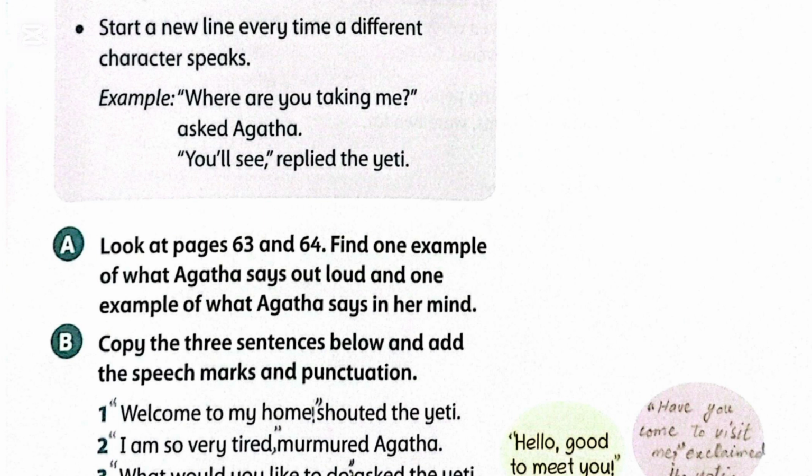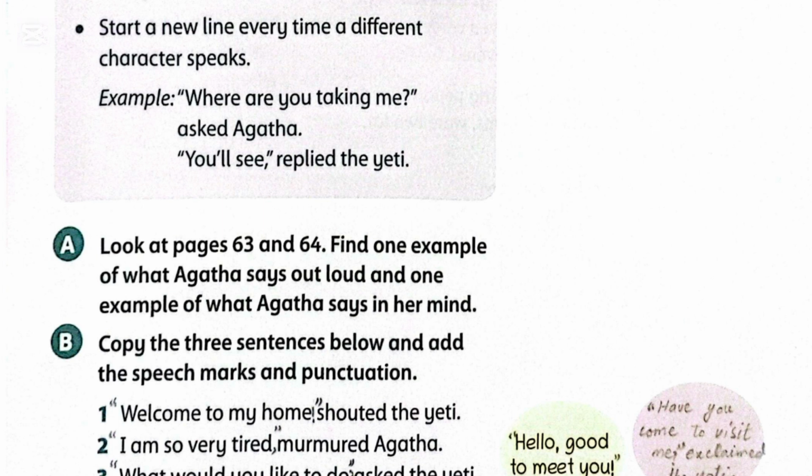For example, "Where are you taking me?" asked Agatha. The dialogue said by Agatha is written in speech marks, but "asked Agatha" is not. And then the next dialogue is said by Yeti. "You'll see," replied the Yeti. So when we write the next dialogue, we start a new line.